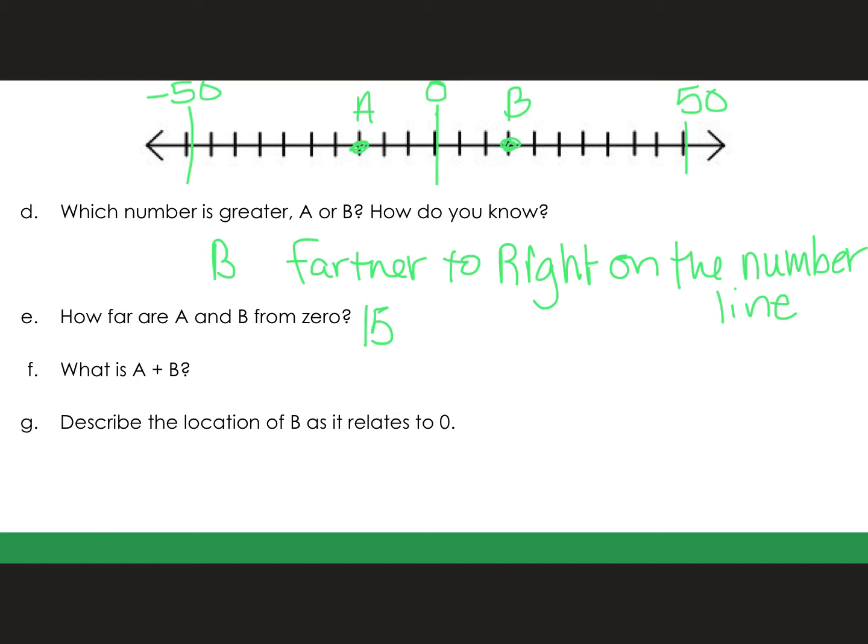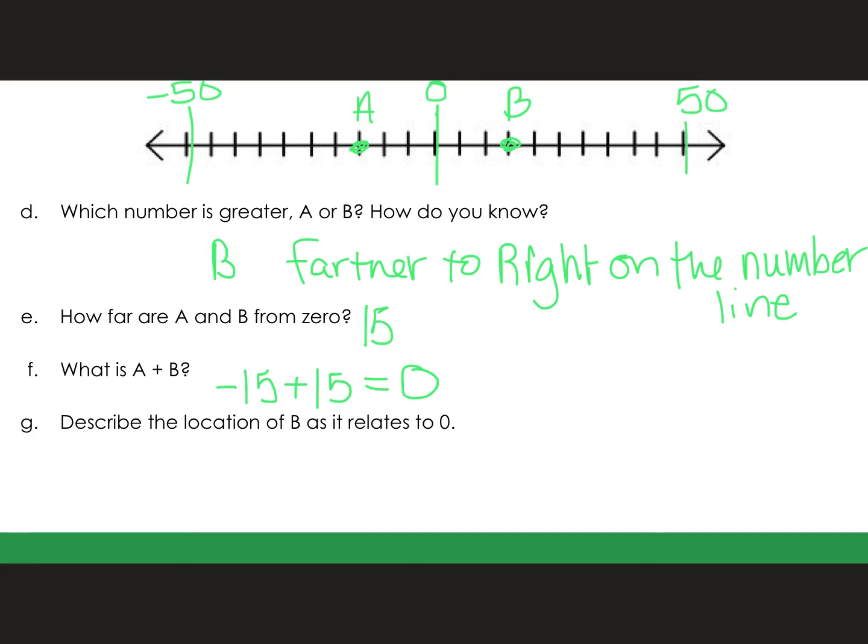What is A plus B? So A is negative 15 plus 15. That is going to equal, if I have a negative $15 and I add $15 to that, it goes back to 0.